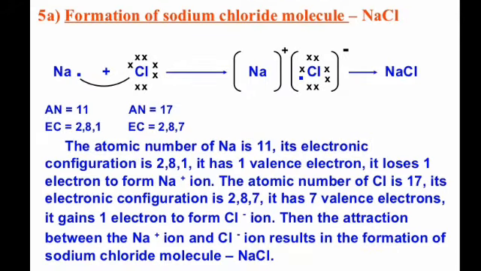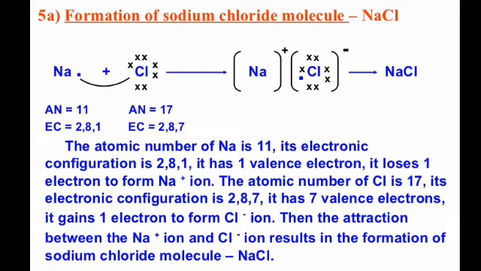Here we have the formation of the sodium chloride molecule. It provides a great example of how metals react with non-metals. We take atomic sodium, having atomic number 11, that is 11 electrons, and its electronic configuration is 2, 8, 1, having 1 electron in its valence shell, whereas the chlorine atom has 17 electrons, that is 2, 8, 7, having 7 electrons in its valence shell.